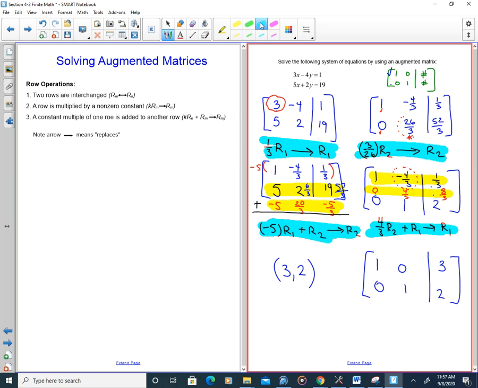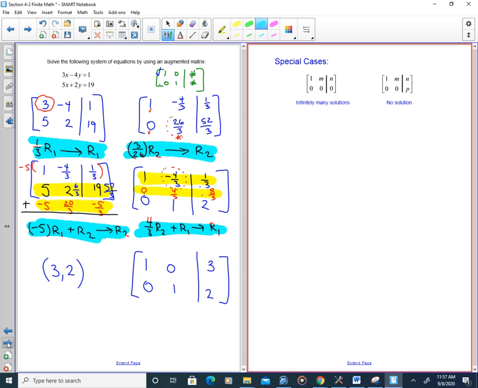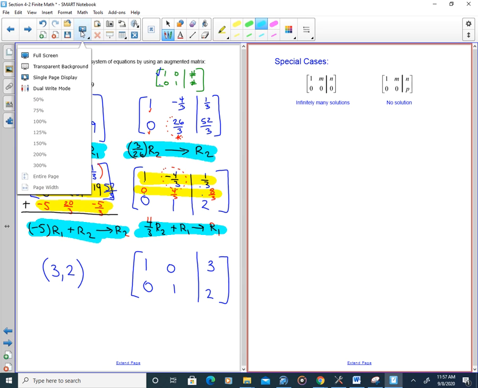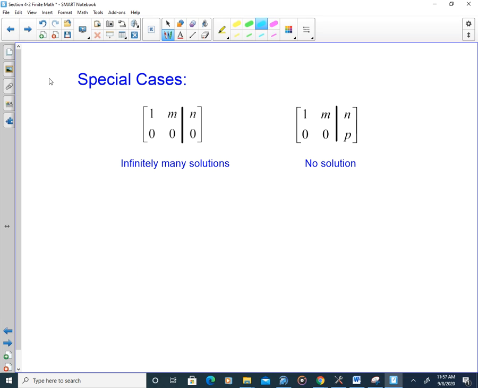Okay? All right, so let's say you're working some of these out and something like this happens. Let's say you get one of the rows to be all zeros. If that happens, you can stop. What that means is one of those special cases. That means it's infinitely many solutions.